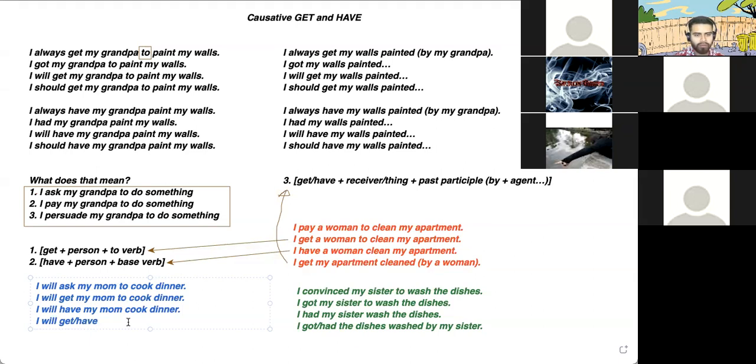I get dinner cooked by my mom. Repeat it again. By my mom. No, everything. Repeat it again. I will get dinner cooked by my mom. Good. I will get dinner cooked by my mom, or I will have dinner cooked by my mom. Yes, yes, yes. Okay, good.